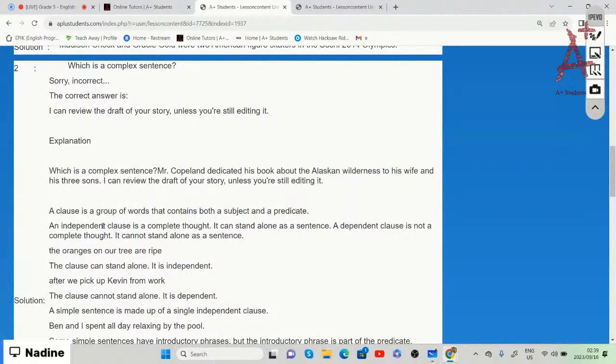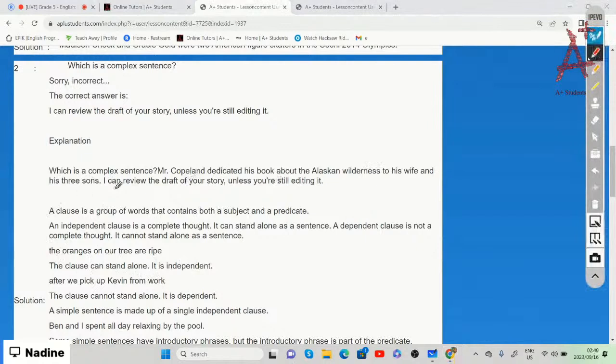Or: I can review the drafts of your story unless you are still editing it. The second one is the complex sentence, because the word unless gives us the idea that it's a complex sentence.